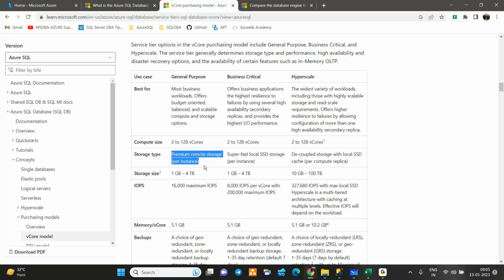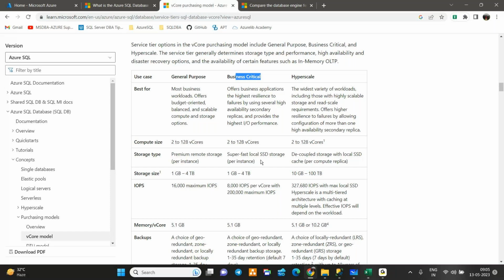But Business Critical offers the highest resilience to failure by using several high availability secondary replicas, and provides the highest IO performance. If you are expecting high performance, then go for Business Critical, because your data is stored on super fast local SSDs.